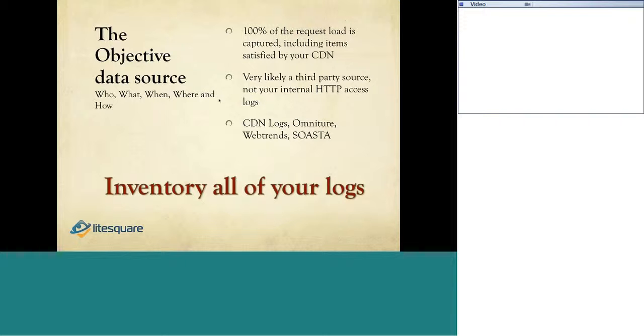But take an inventory and then go to each of these sources and get a representative sample to take a look to see which one will give you 100% of all of your requests. And that includes top-level page as well as the resources, such as images, JavaScript files, style sheets, things of that nature.